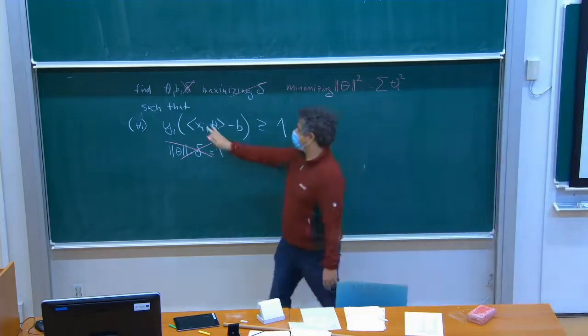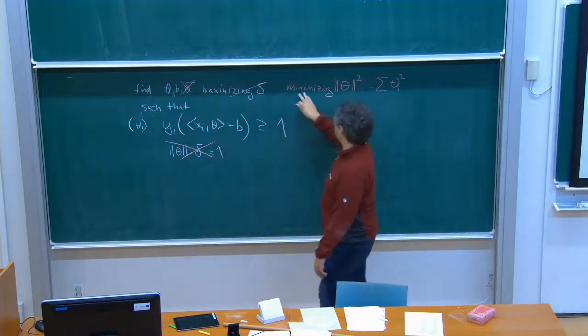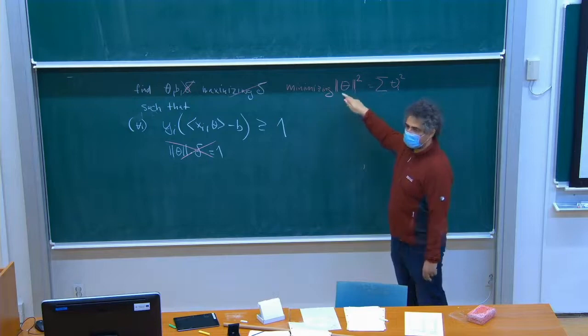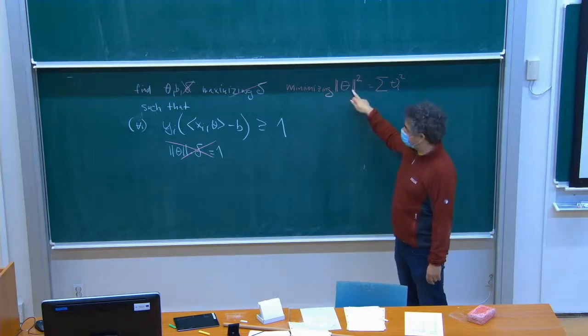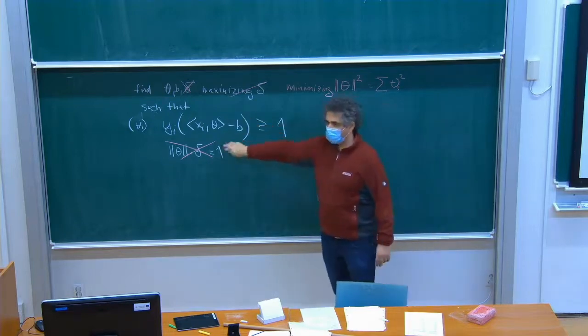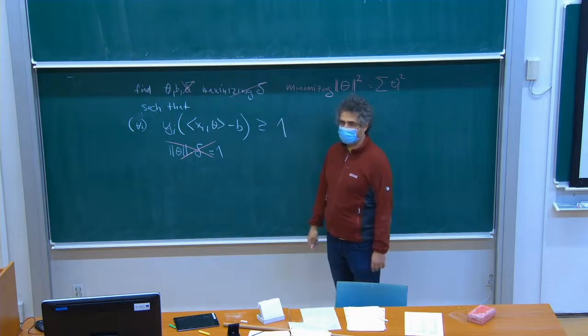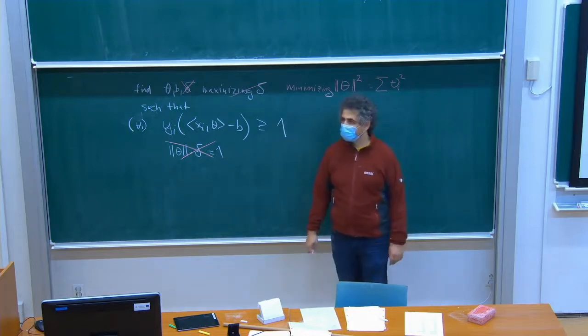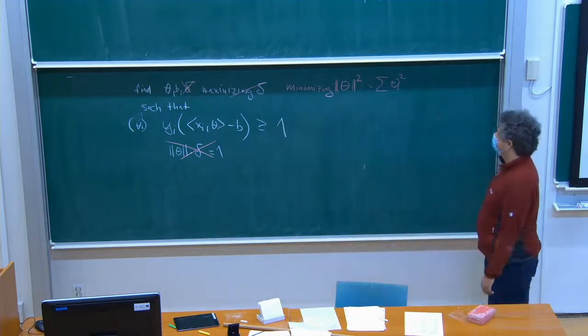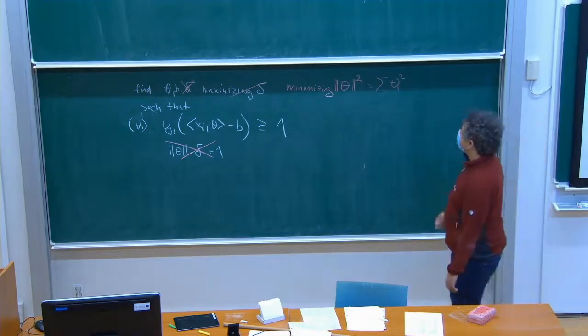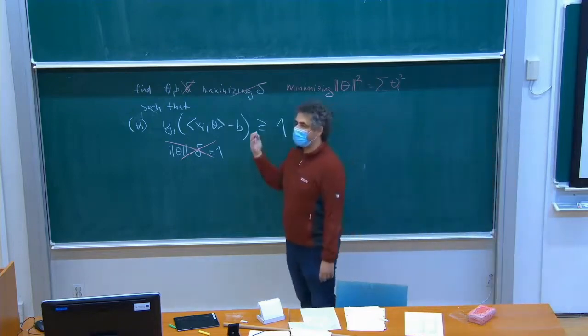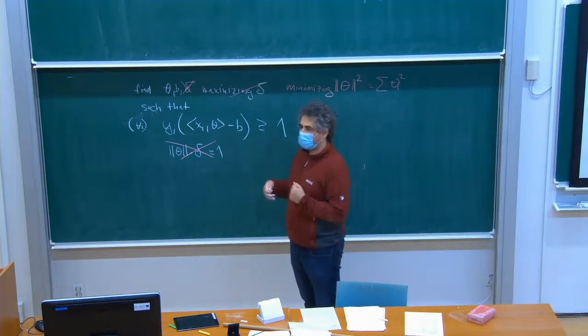So I want to find parameters theta and b so that I minimize the size of this vector such that all of these conditions are met. Can you just repeat the idea behind discarding this last condition? Because it just happened too fast for me. Okay, so where do you use delta? Well, nowhere except the last condition.